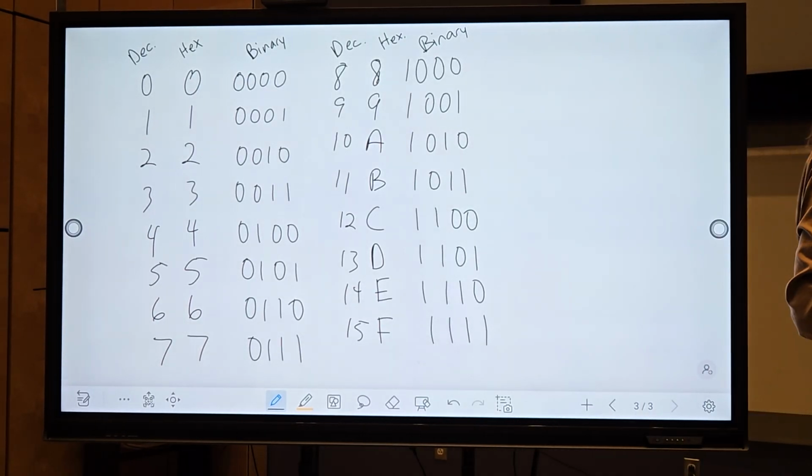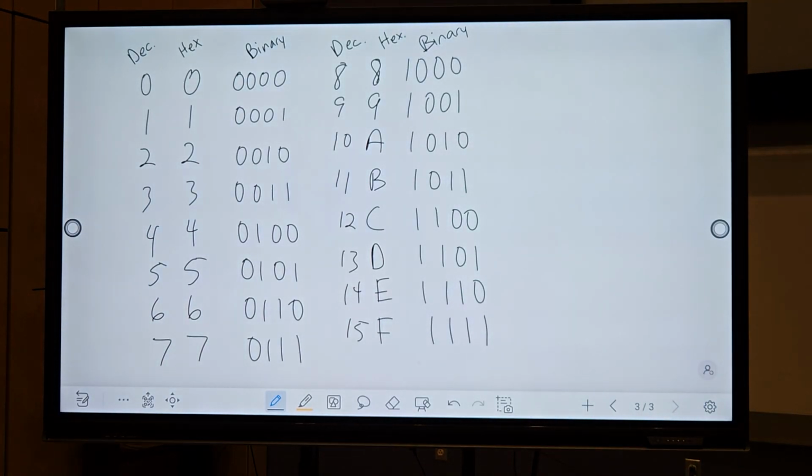It's a 1-to-1 correspondence between each combination of 4 bits that you can have to a hexadecimal digit. So you see a hex digit, all you have to do is remember this chart. Or if you're working on a quiz or something like that that requires the conversions, just write it out on the side so you can reference it.